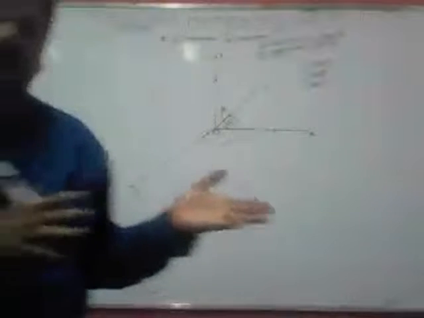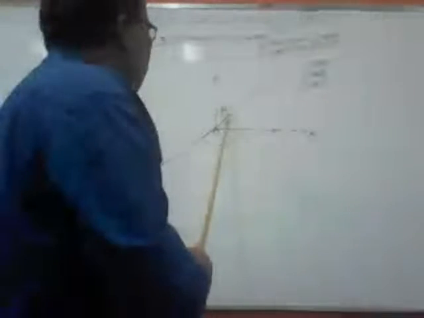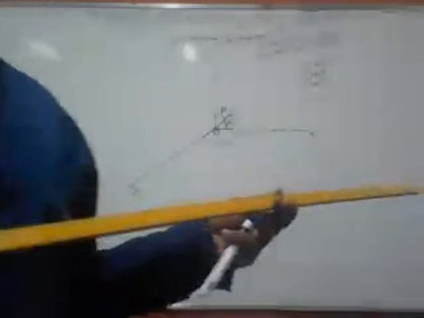Let alpha, beta, and gamma be the angles that a directed line makes with the positive direction of the axes of x, y, and z respectively.